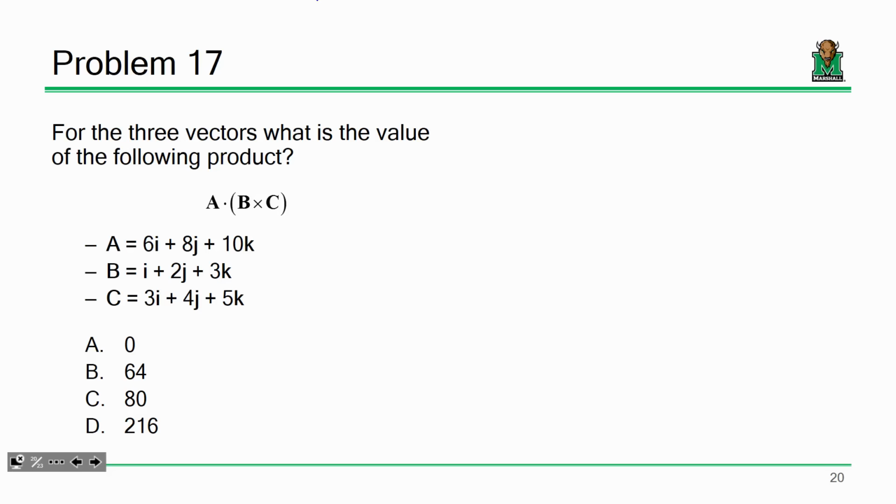All right. Now, this is bringing it back a little bit. I don't know if this was ever named for you, but it is the rule of Sarrus, which says that if I want to do B crossed with C, I write a determinant. I do I, J, K. I then put B down, 1, 2, 3, and C, 3, 4, 5.